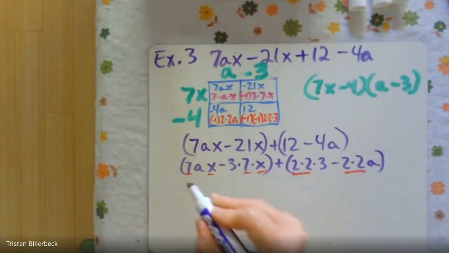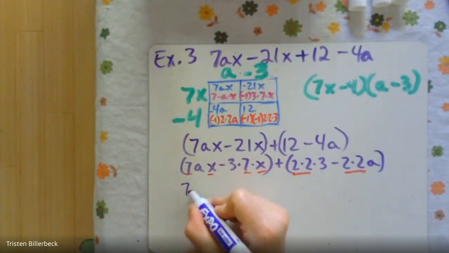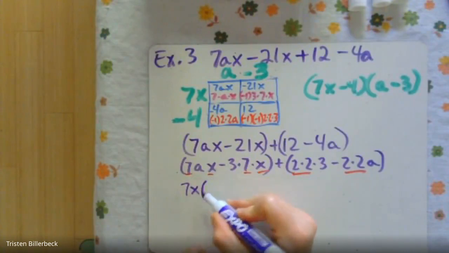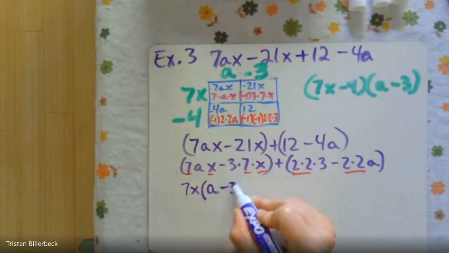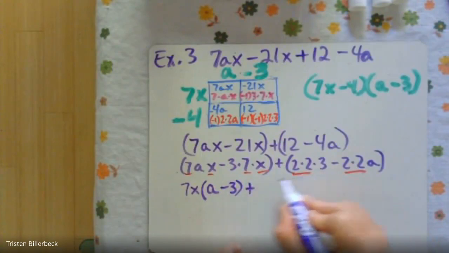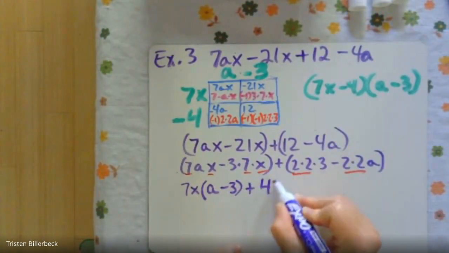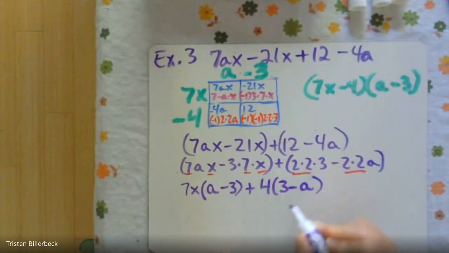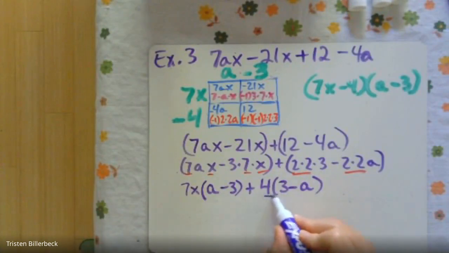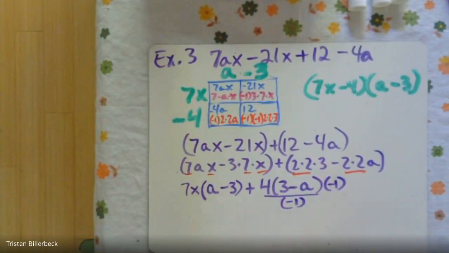So we pull the 7x out of this one, we extract it, and we have a, and what's left is minus 3. Plus, and we pull the 4 out of here, and we have 3 minus a. And we say, oh, I see the problem. We need to divide by -1 and multiply by -1, because that means we're not doing anything to it.